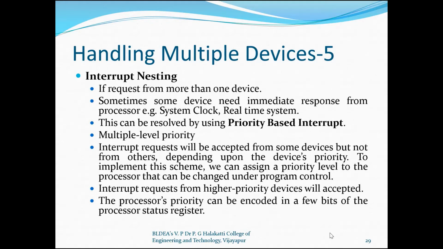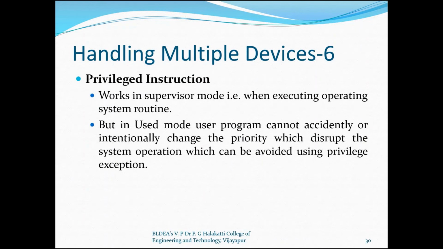Now say for example, we have something known as privileged instruction. Whenever the system is working in superior mode, that is whenever it is executing an operating system routine, we say the processor is in privileged instruction mode. And in this mode, if any interrupt occurs, it should not disturb the operating system work.